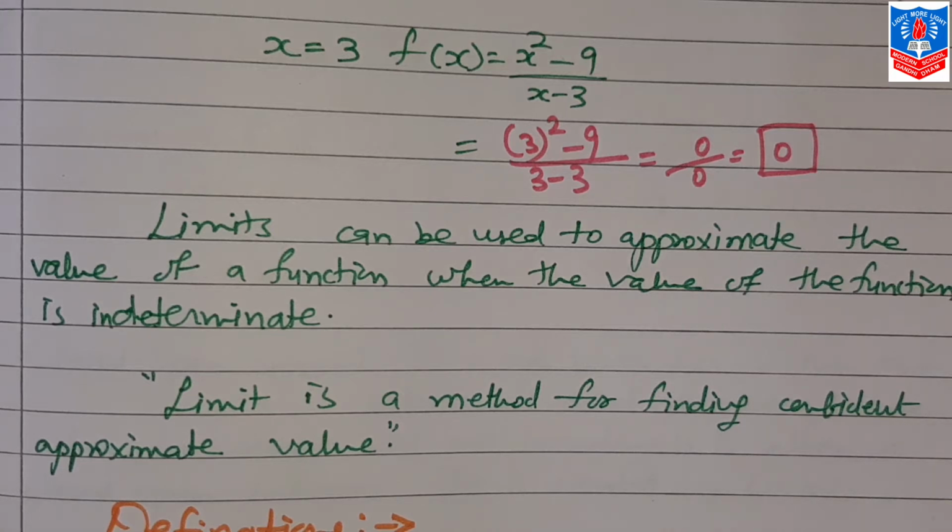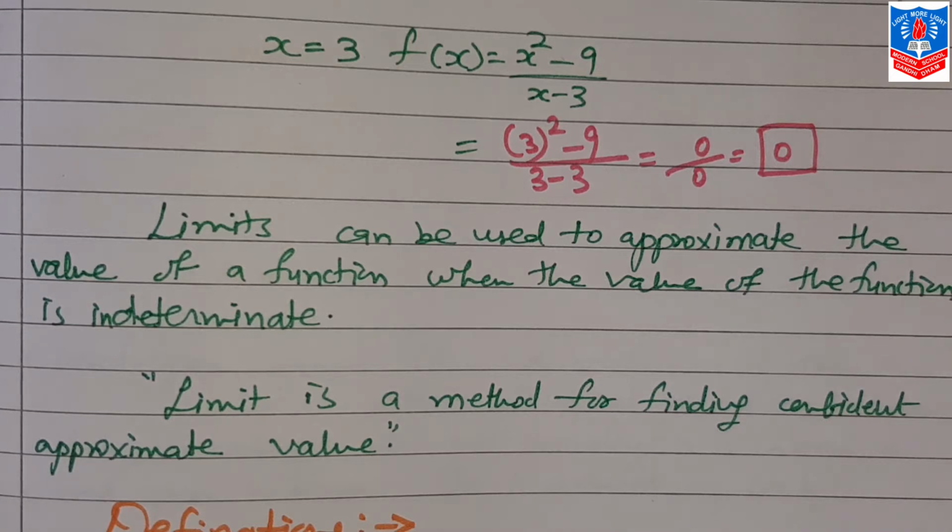Closer the neighboring values, better is the approximation. Yes, it is approximate value. It's not actual, but still, as just now we discussed, as we take closest neighboring values, our approximation will be the best.